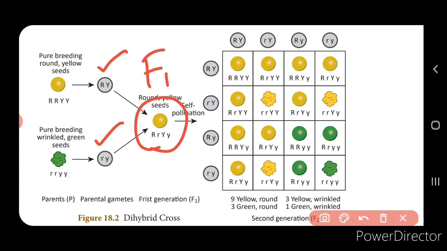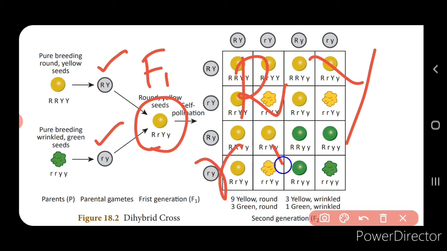From this he concluded that the round shape and the yellow color of the seeds are the dominant characters, that is capital R and capital Y are the dominant traits, and small r and small y are the recessive traits, right?